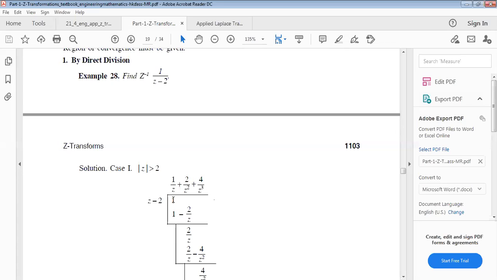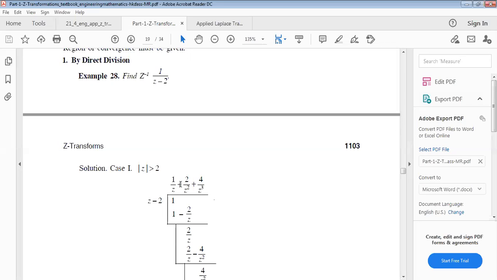First of all, we get 1 multiplying with this, then multiplying with this 1, Z into 1 by Z equals 1. Now minus 2 multiplied by 1 by Z equals minus 2 by Z. This is why Z minus 2 multiplied by 1 by Z equals 1 minus 2 by Z. Okay, we start from 1.